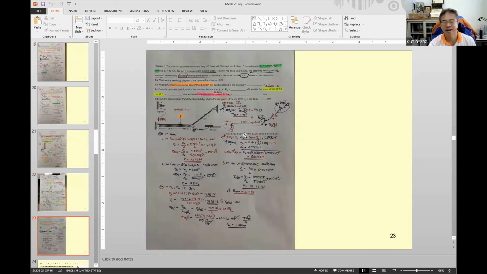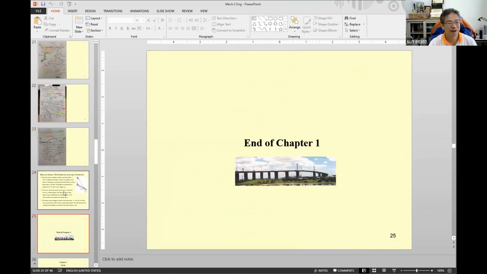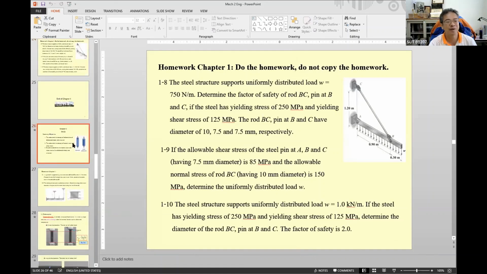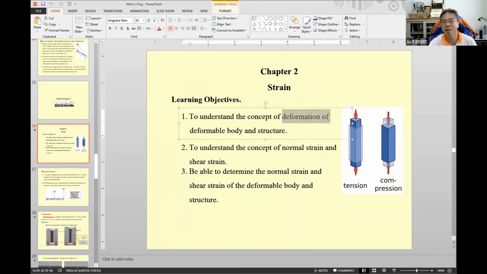But anyway, if you read the textbook or do the homework, please use these examples as your example to do your homework. And then I will go a little bit further to strain. The strain is related to the deformation of a deformable body or structure.